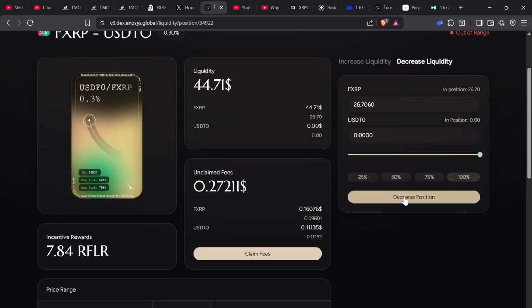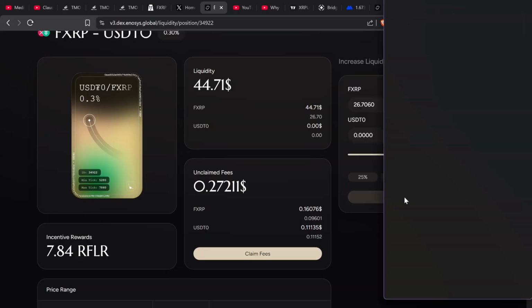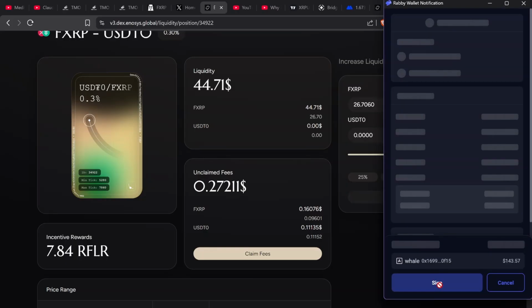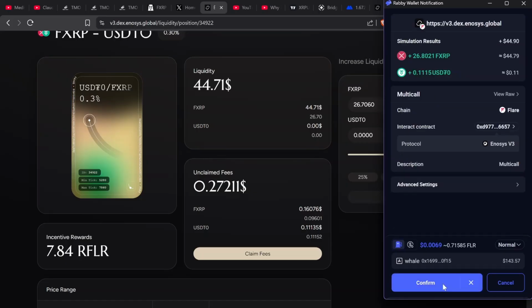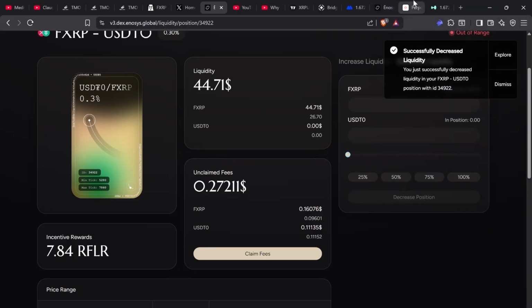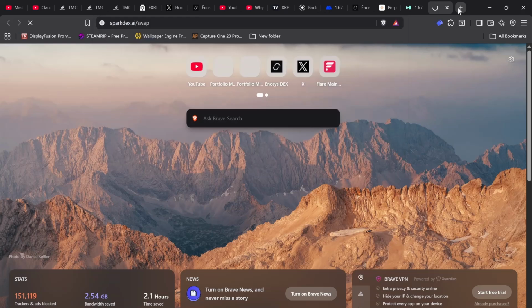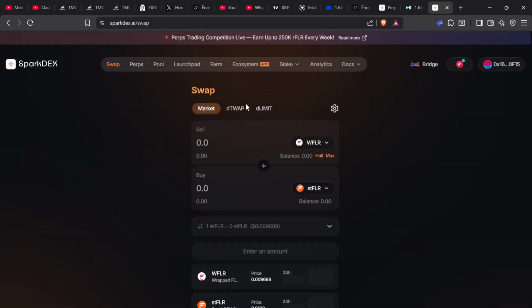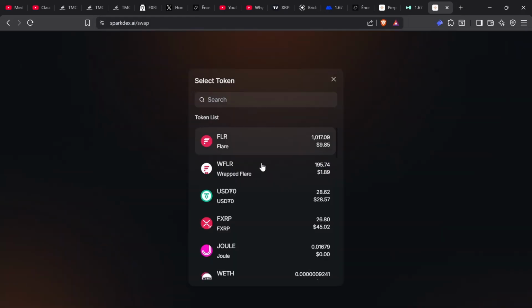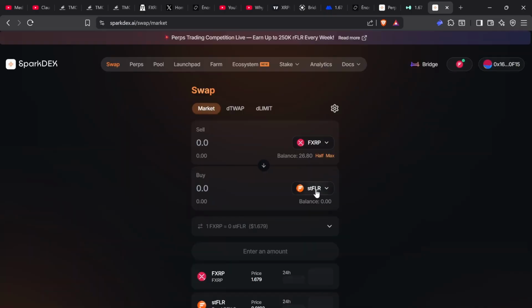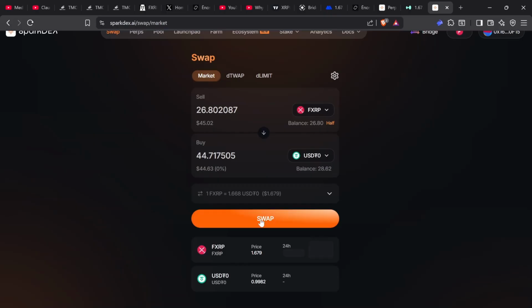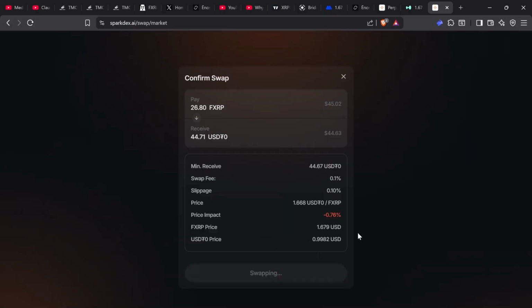I feel like with these market conditions, I don't want to deal with this. So we are going to 2670. Swap, confirm.